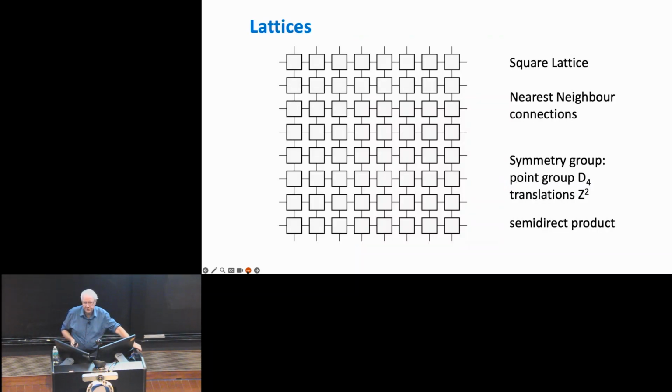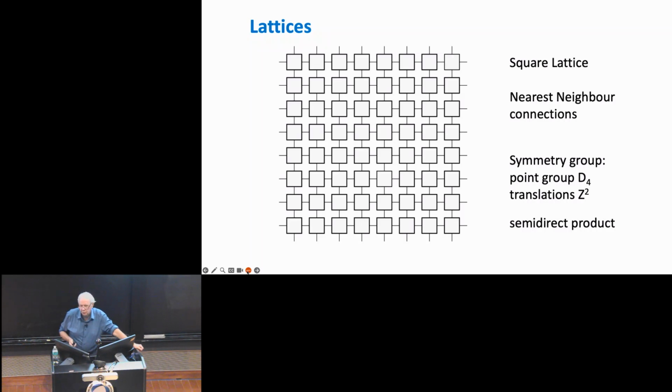I want to talk about lattices in the sense of essentially the underlying graph of the lattice, the network. So here we have part of the infinite square lattice with nearest neighbour connections. I'm just going to draw the connections as bidirectional lines between them.